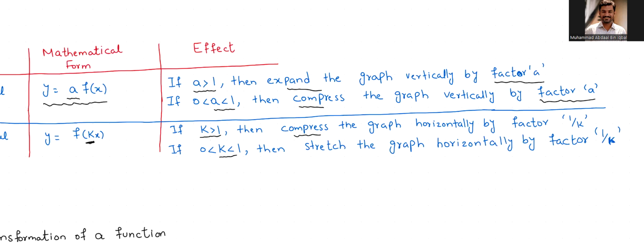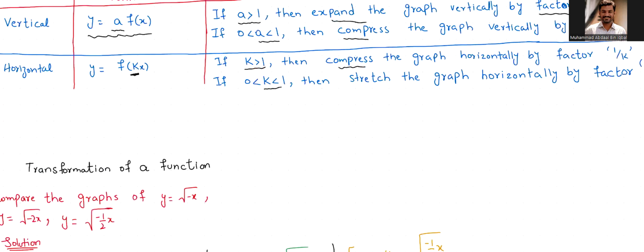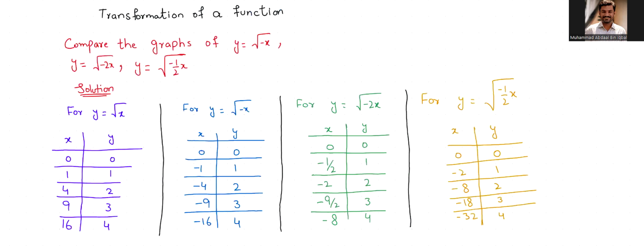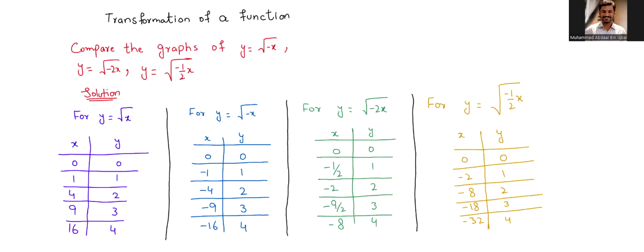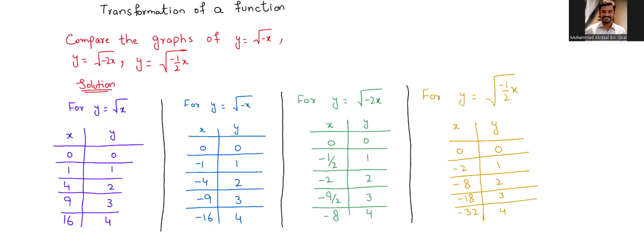First of all, we need to write the table of y equals square root of x, because this is the parent function. Y equals square root of x is our parent function. Take some random values for x, and we get the values for y. If x is 0, then y is 0.